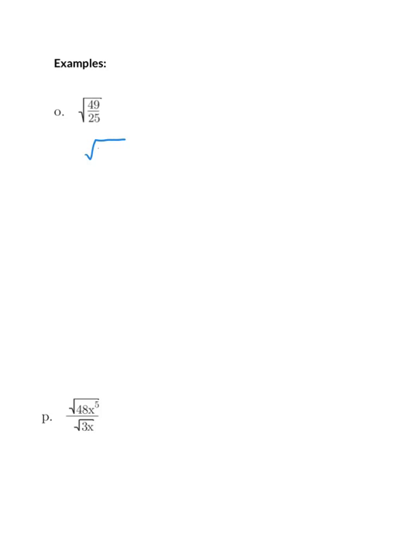So I'm going to put my root with the 49 with the top. I'm also going to put my root on the bottom with the 25. And now we just want to simplify each one of these smaller roots. Square root of 49 is 7. Square root of 25 is 5. And we're done.